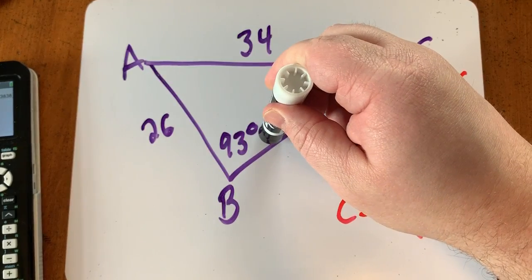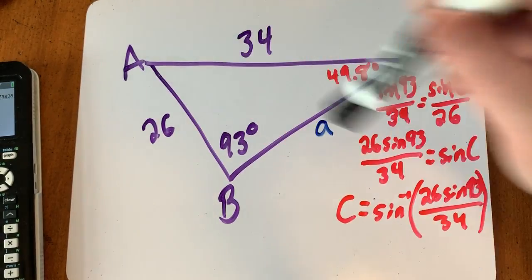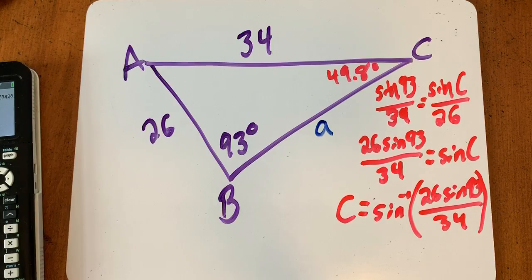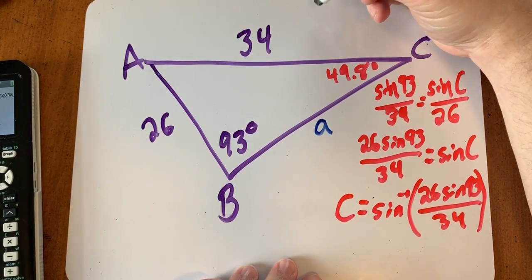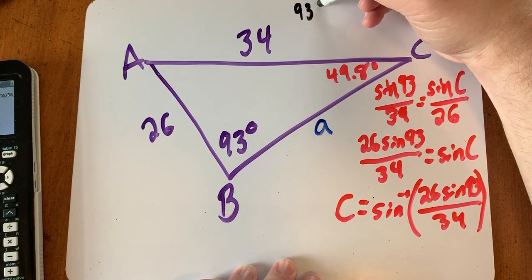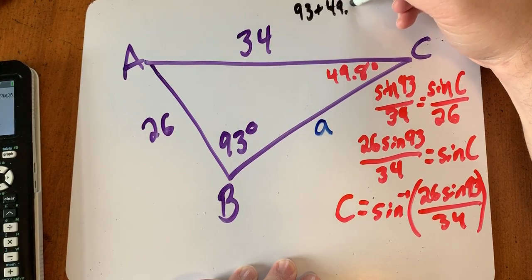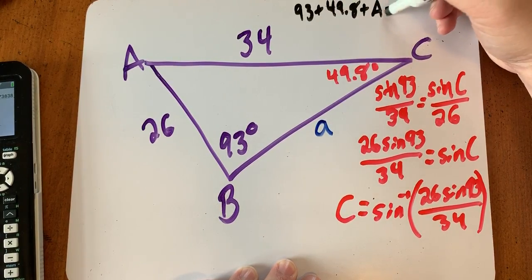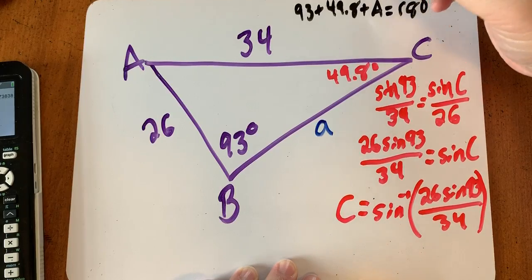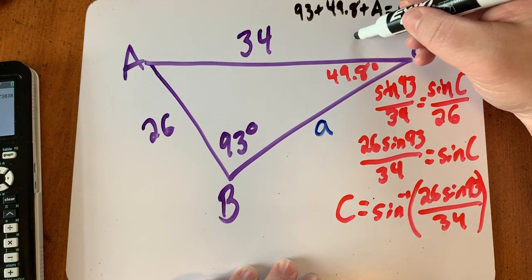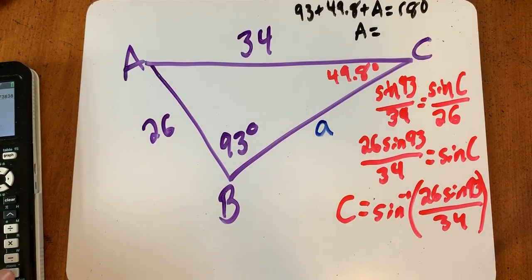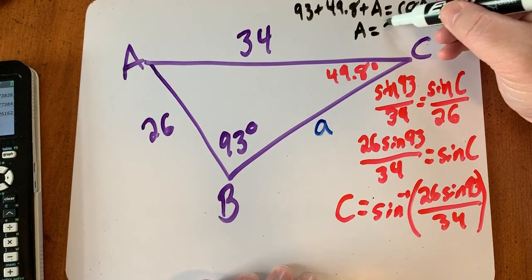Now we know two angles. If you know two angles in a triangle, you can find the third angle, because 93 plus 49.8 plus A equals 180. So add up 93 and 49.8 and subtract them from 180, and you get 37.2.